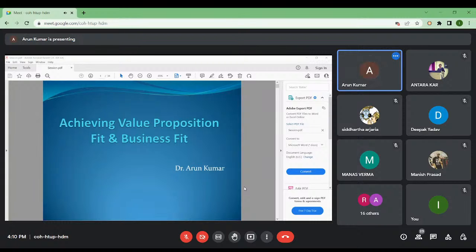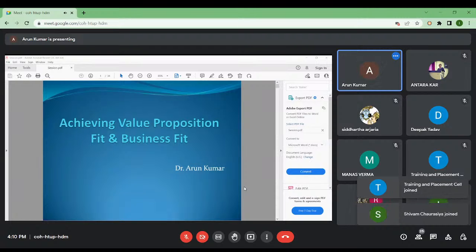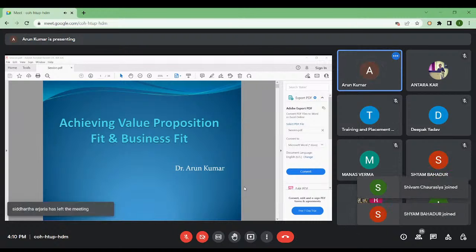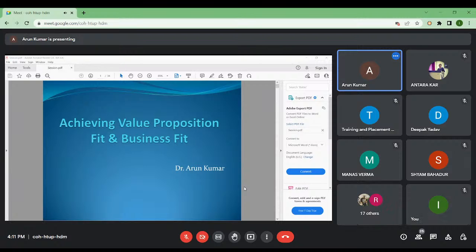What is value? Tell me. What is value from your perspective? बोलो भाई, ऐसे शांत बैठने से काम नहीं चलेगा. Yes, Antra, you can tell what is value.